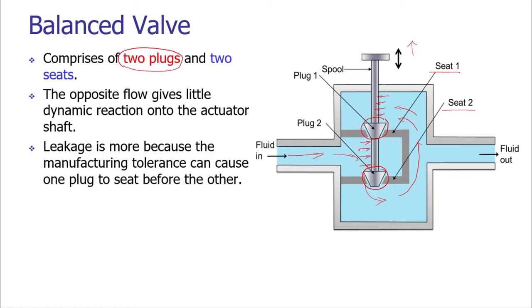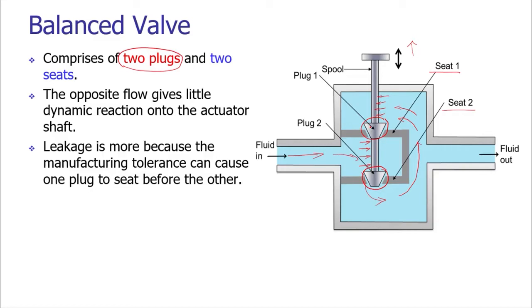Due to this we can balance the application of pressure on the stem, and we can reduce the damage to the valve. However, this type of balanced valves have the problem of leakage, because of the tolerances provided on plug 1 and plug 2.